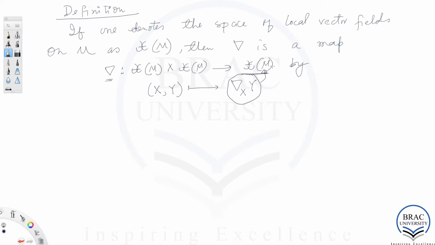And this map enjoys the following properties. The covariant derivative, this is called the covariant derivative, enjoys the following properties.